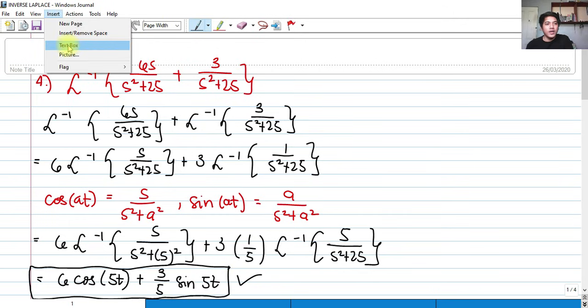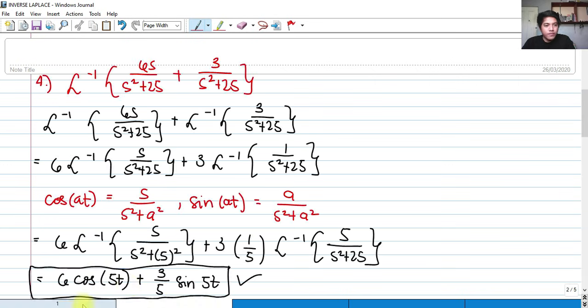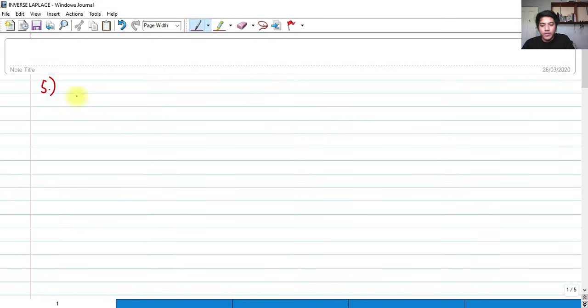So let's try another problem. Problem number 5. Take the inverse Laplace of 8 over 3s squared plus 12, plus 3 over s squared minus 49.